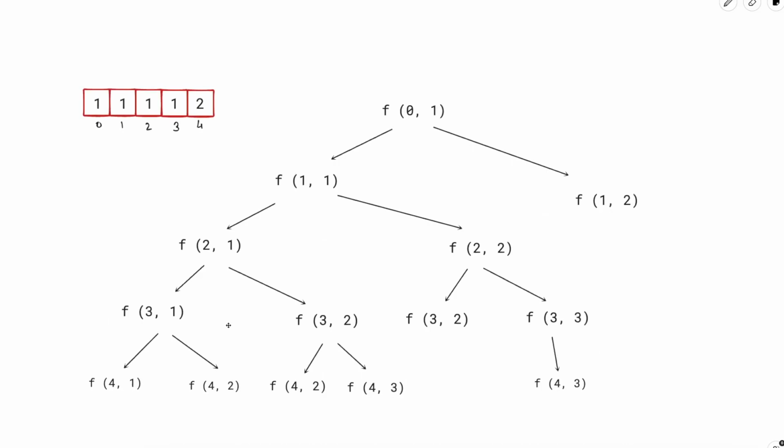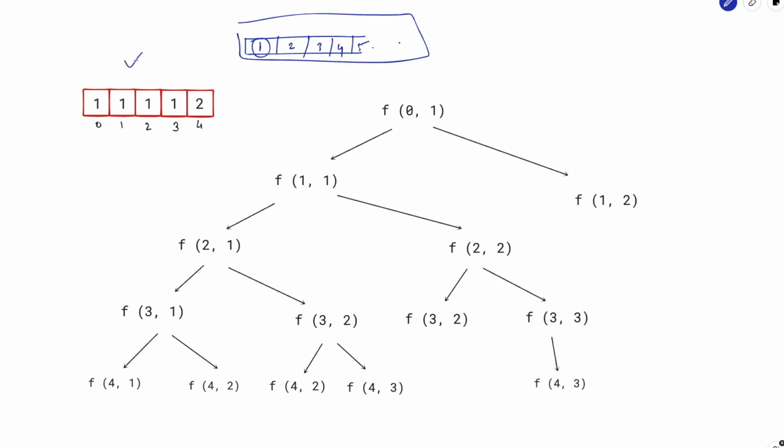So for now we are trying to find out what is the maximum number of consecutive elements I can make, given that the first element is 1, right? So I want to form a sequence 1 2 3 4 and so on and so forth, and I need to find how long I can make this sequence from this given array.